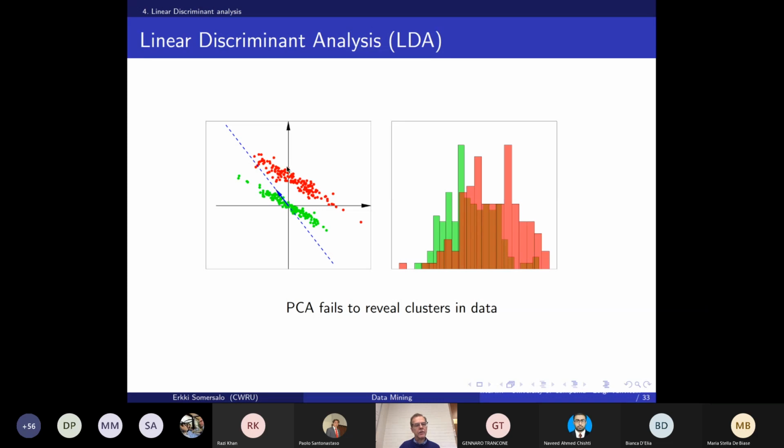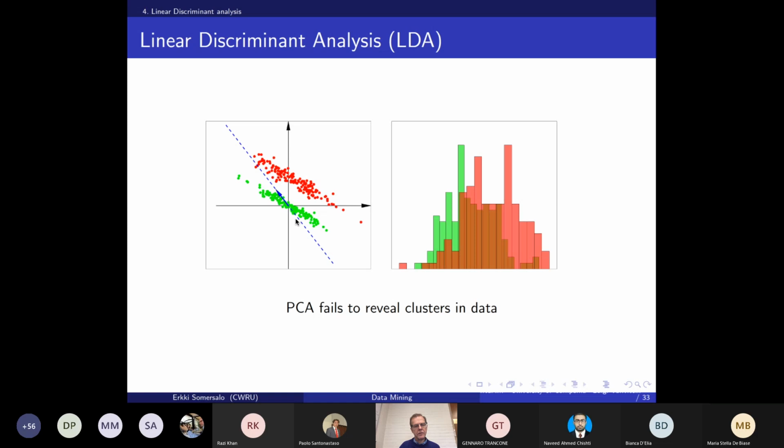If I plot all my data in that direction, taking the component in that direction, and then plot my data using histograms, that's what I get on the right-hand side. What is significant here is that the histograms are overlapping. I cannot really tell apart the green histogram and the red histogram in this case.